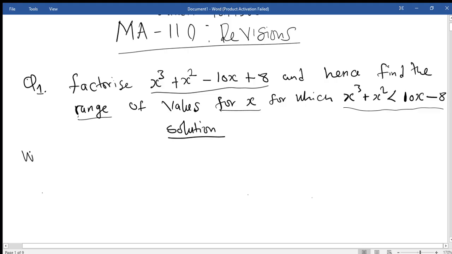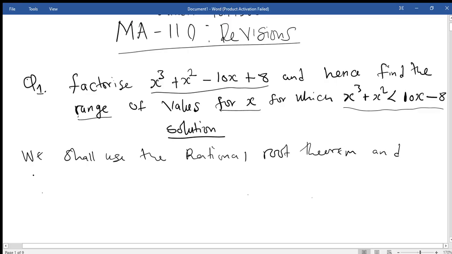So we shall use the rational root theorem and also the concept of polynomial division. So these are the two concepts we're going to use in factorizing our polynomial expression.